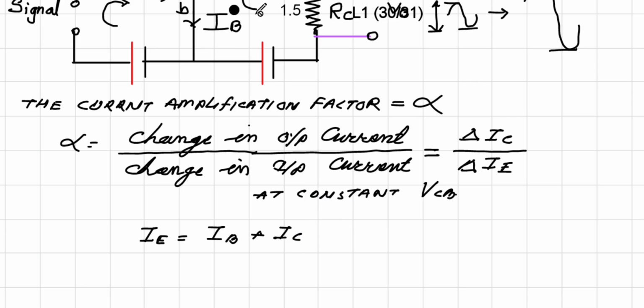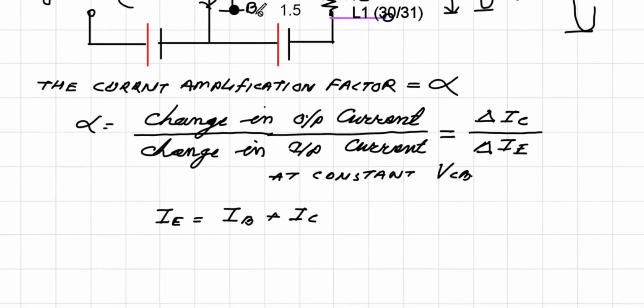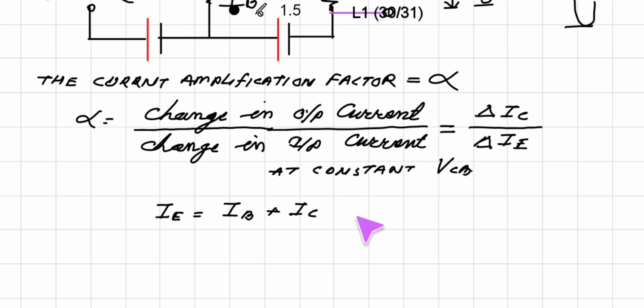As this junction is reverse biased, a very small amount of current, called a leakage current, flows through this. That is ICBO, which flows through the output circuit or collector.